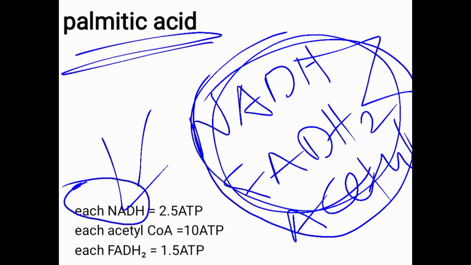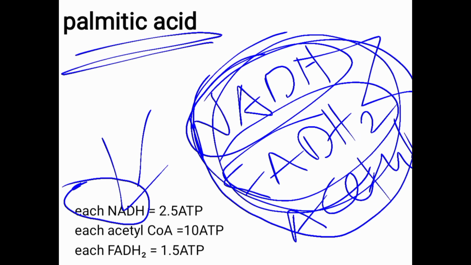This NADH and FADH have to be taken to the electron transport chain to get oxidized through oxidative phosphorylation to generate ATP.